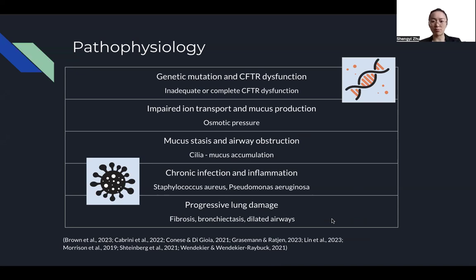This includes fibrosis and bronchiectasis, or dilated airways. As a result, there is a reduction in lung function and airflow, which exacerbates symptoms including breathing difficulties and persistent cough, like we see in Jacob.